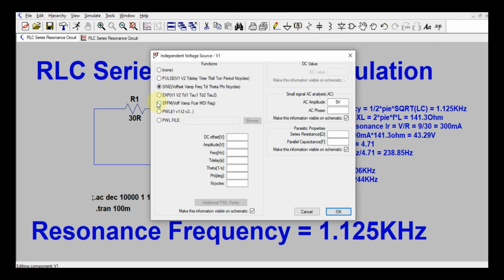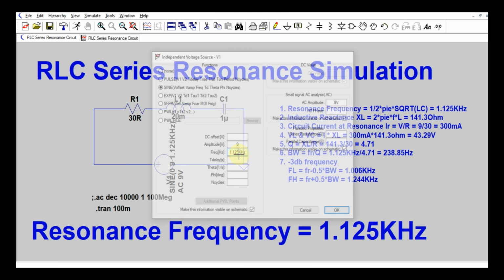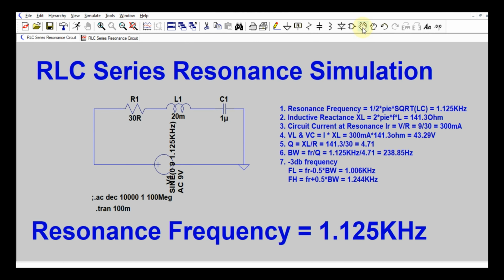Yes, so let us say the sine wave is 9 volt and you are checking at your resonance frequency, 1.125 kilohertz. So just mark it here, right? And you may place this somewhere in the circuit like that.